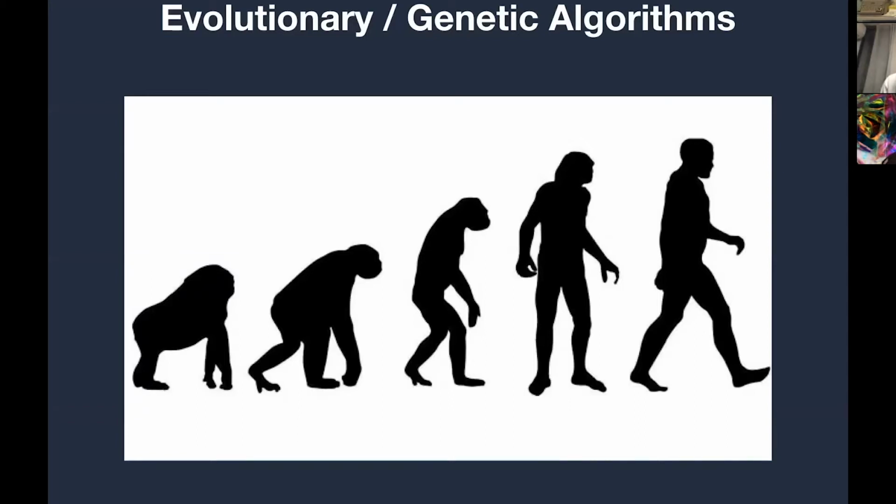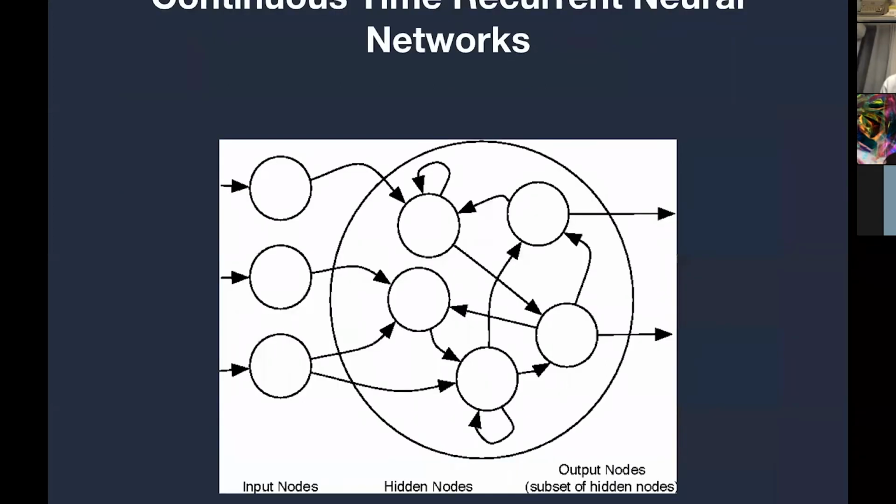And I remember when I started my PhD, my supervisor said to me, you could either go down the easy way, or not the easy way, the more well-known way, where you could just evolve synthesizer configurations and things like that that already exist, or you could go down the crazy way of evolving these things called continuous time recurrent neural networks. So this is a type of neural network.